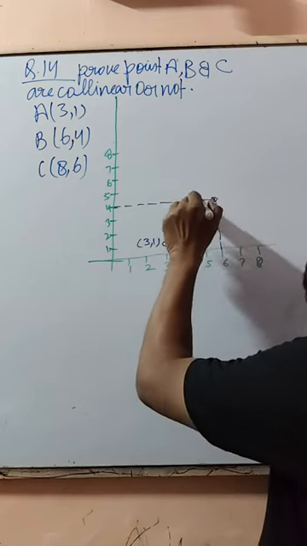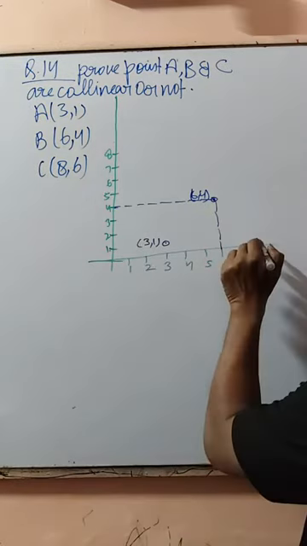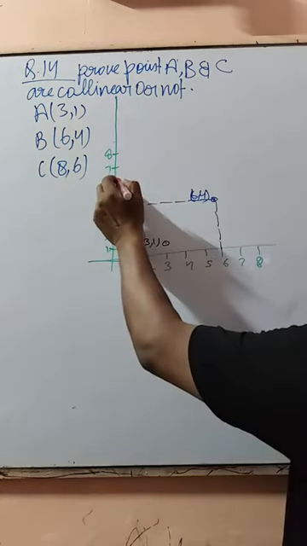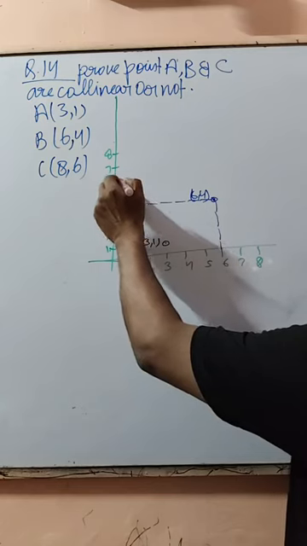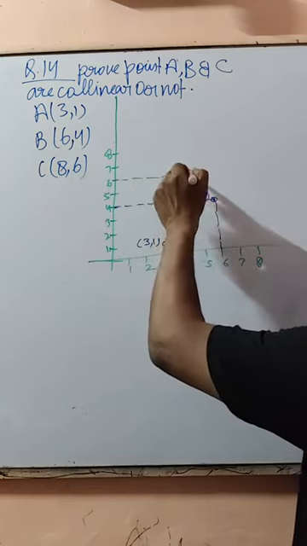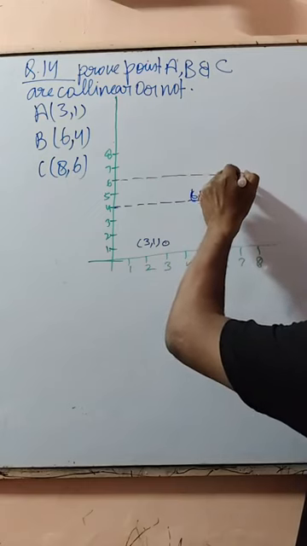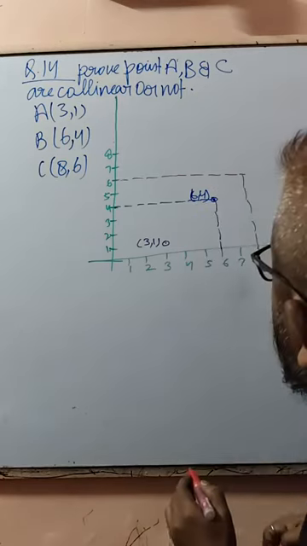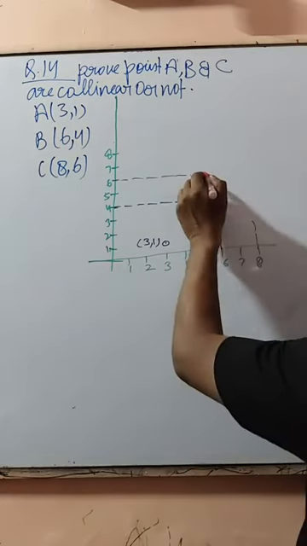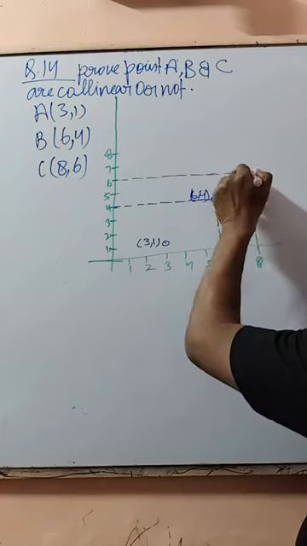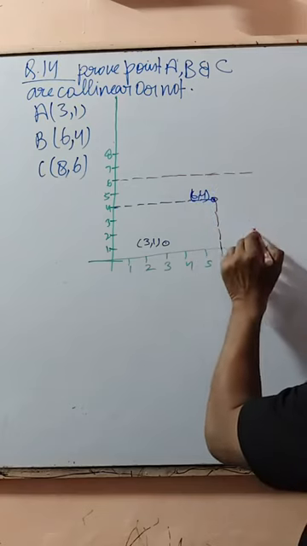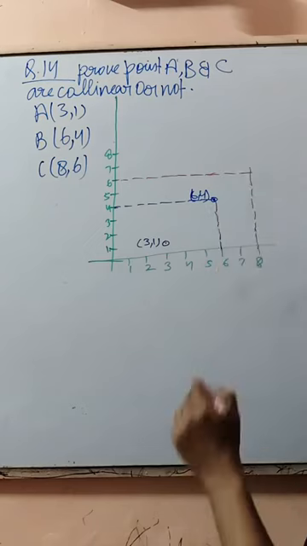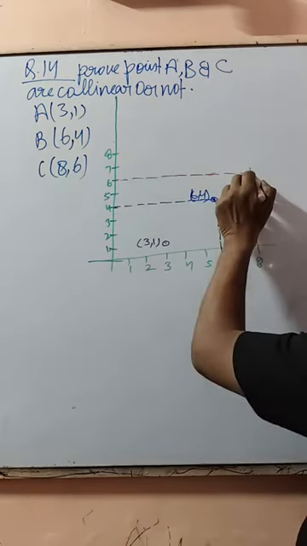ये क्या हो गया? 6, 6, 4. 8, 6. फिर 8. Right, this is टेढ़ा हो गया ना? ये कितना हो गया? 6, no, 8, 6.